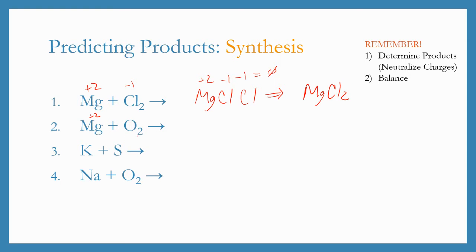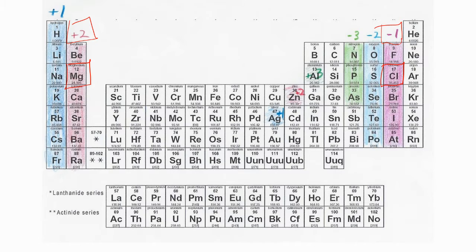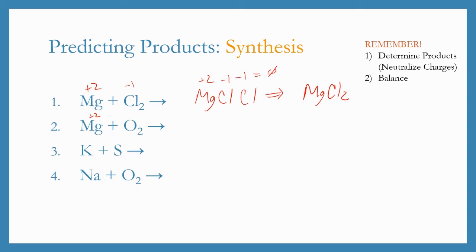With oxygen, oxygen is a diatomic, O2, but when it's in a compound, oxygen has a -2 charge. So if Mg is going to get together with oxygen, it only needs one of each. So that's going to form MgO. All right.